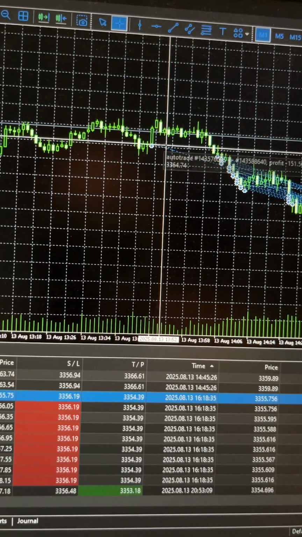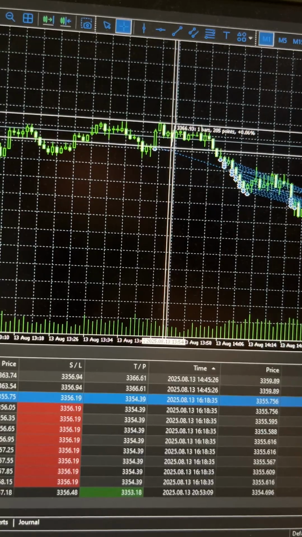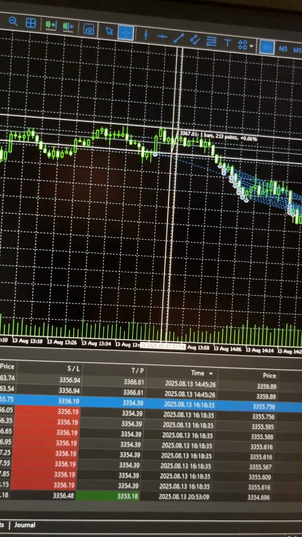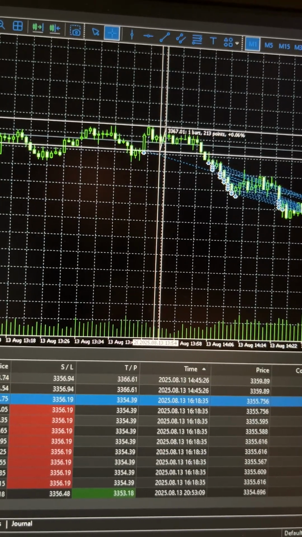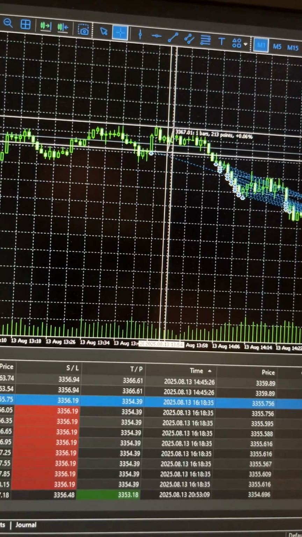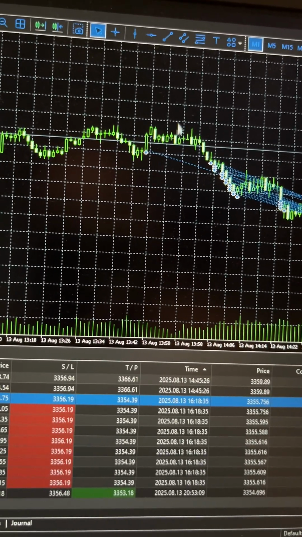So it should be closing here, at 20, because I set one of my take profits at around 20 pips, but I think because of the spread, the EA or the market cannot close my positions at the take profit.